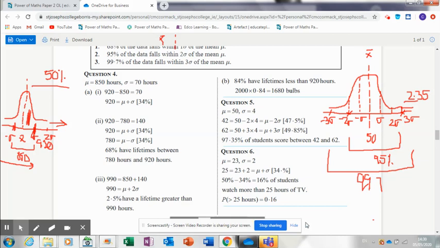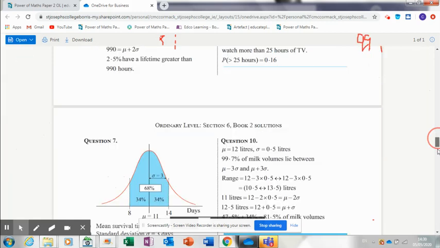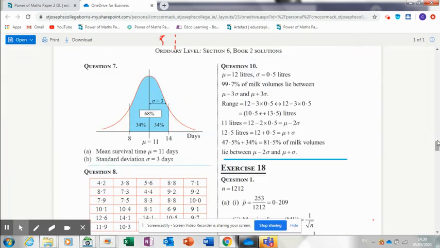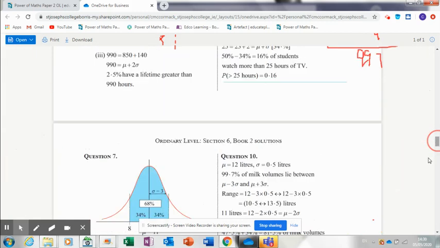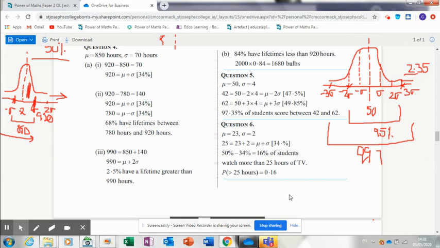Okay. So again, you see, every time you need to do out your curve again.